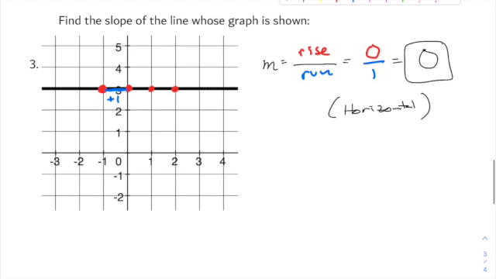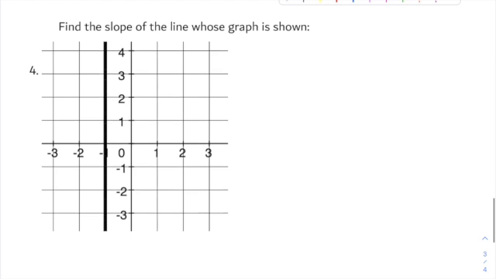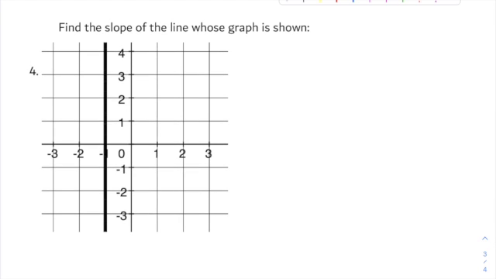Okay, and last example here, we've got a vertical line, and maybe you also remember this from the coordinates idea that now in this case, it's all rise, right? It's all going up and down, but there's 0 run.